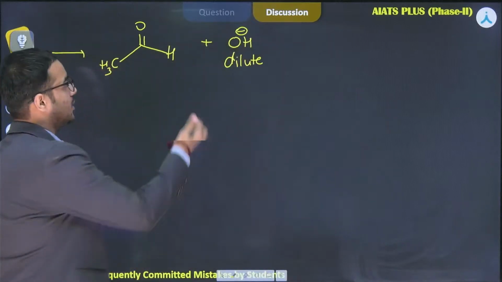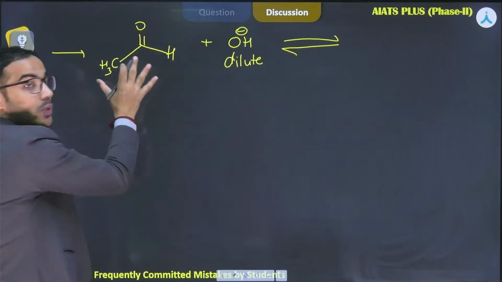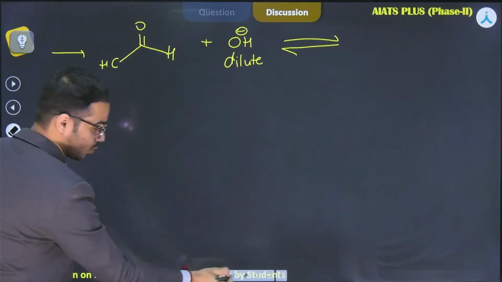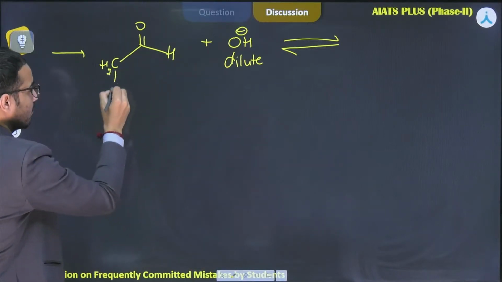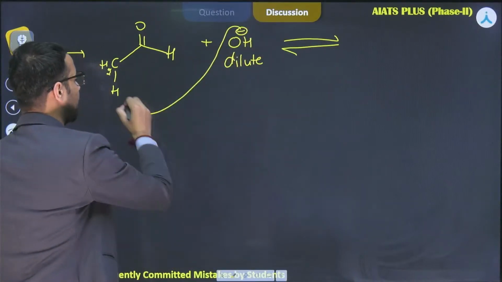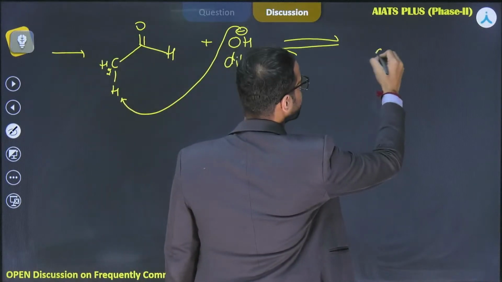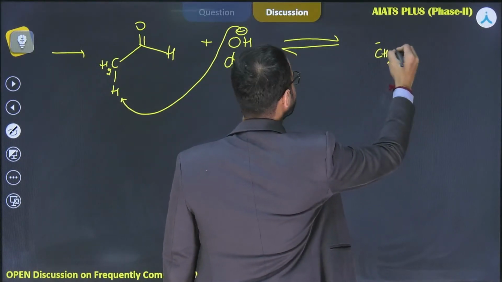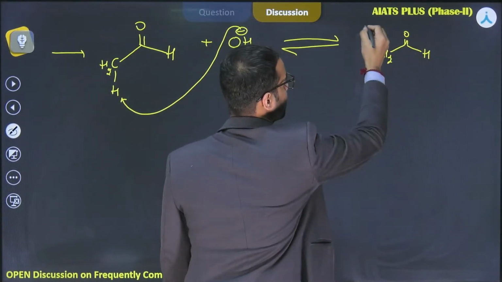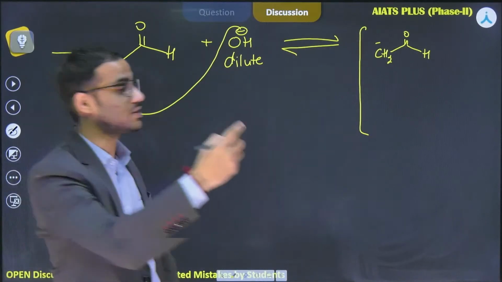So what will be the case? The first case will be this is a base, and this will act as an acid because of the alpha hydrogens. We can write it like this. This is a hydrogen, this is a base, and this base will abstract this proton. And what will you get? You will get CH2 minus, C double bond O and H. The carbanion formed is resonance stabilized.